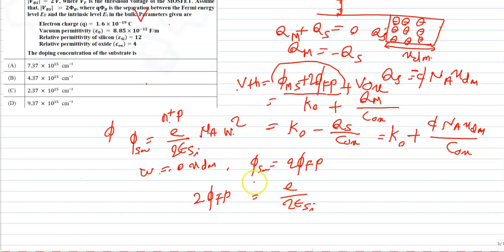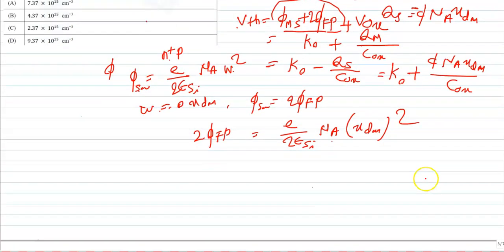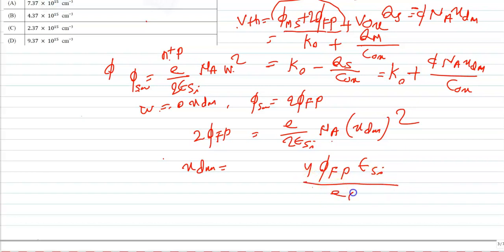So 2 phi Fp equals E over 2 epsilon silicon Na times W, which is xdm, squared. So finally we can find xdm is equal to root over 4 phi Fp epsilon silicon over E Na.